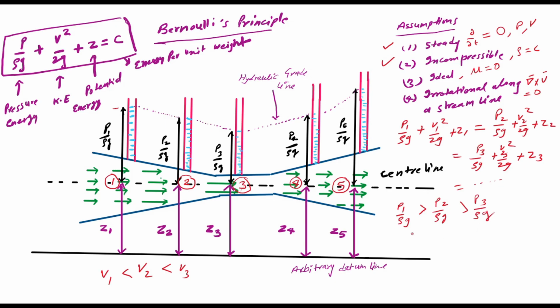The sum should be constant. The elevation head is the same, meaning z1 equals z2 equals z3 equals z4 equals z5, all are the same, because this pipe is horizontal. If it were at some angle, it would be different. But here this value is constant, so the net energy is constant.